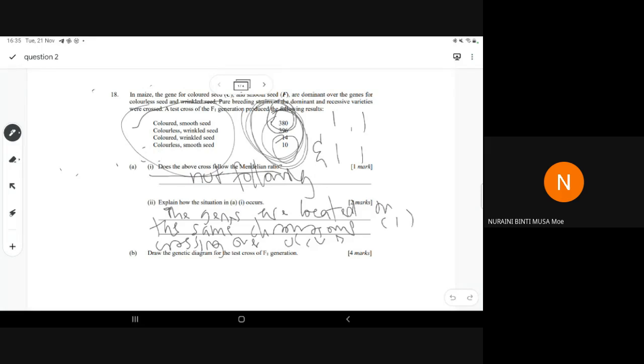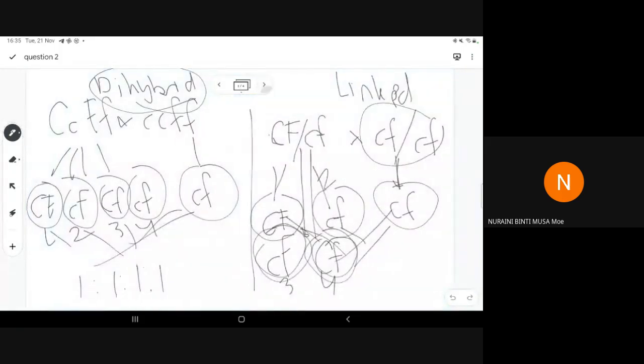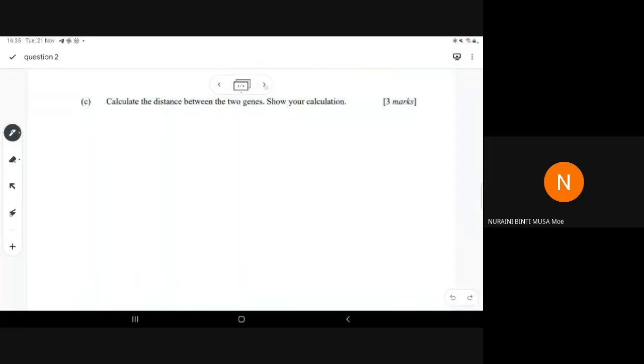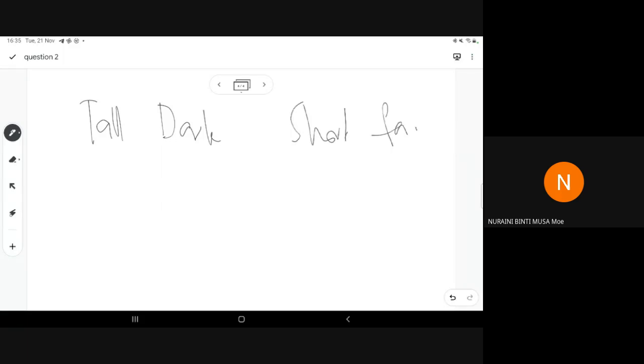Okay, contohnya kita ambil awak lah. Kita ambil awak sebagai contoh. If your mum is short and your dad is tall, right, if you say that the parent of that person is tall and dark, manakala mak dia ialah short and fair, okay, if the offspring is tall and dark or short and fair, kita kata dia parental.